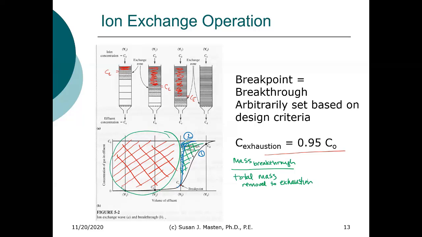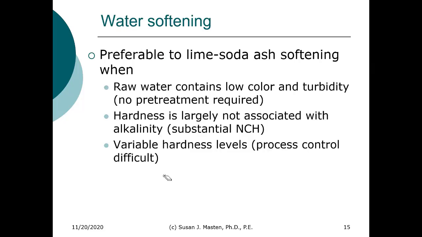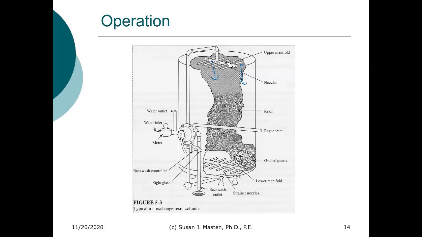In terms of operation, this just gives you a sense of what an ion exchange looks like. If you have one at home and you actually pulled it apart, this is what it would look like. You have a manifold at the top, and water flows from that manifold through the resin bed, and then is collected at the bottom, and that is what's distributed through the home.